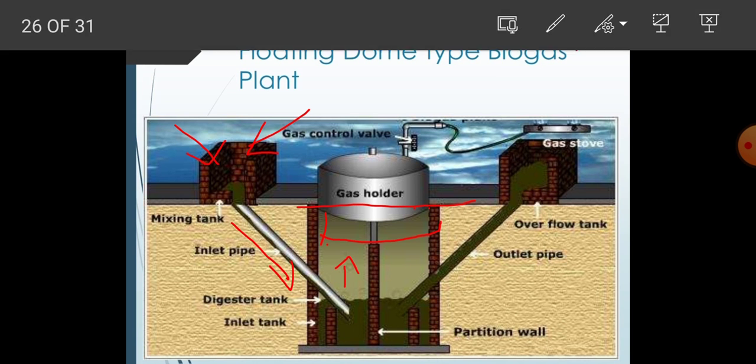So the slurry will move from one chamber of the digester tank to the next chamber due to the pressure created.